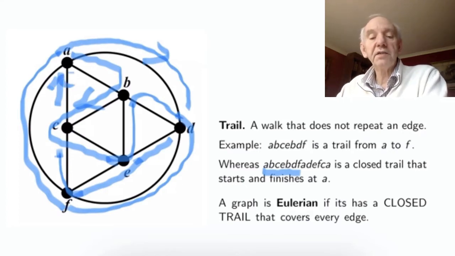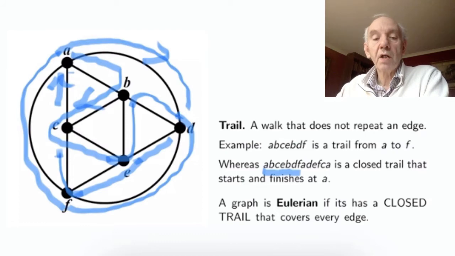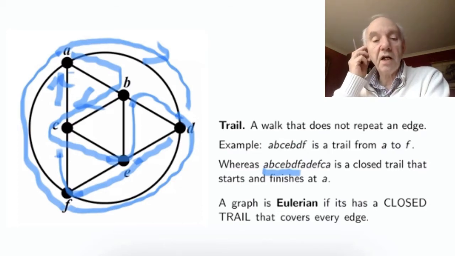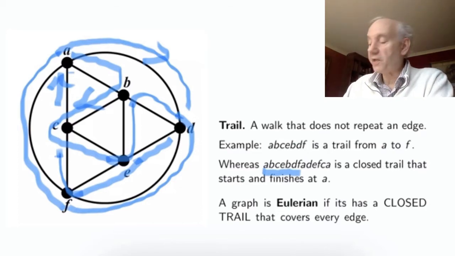Okay, so notice that I didn't repeat any edge. I repeated vertices. I started and finished at A. I repeated vertex B. I repeated C, E, D, F. But I didn't repeat any edge. Okay, and when you have such a trail, the graph is called Eulerian. It was Euler who studied the existence of such trails.